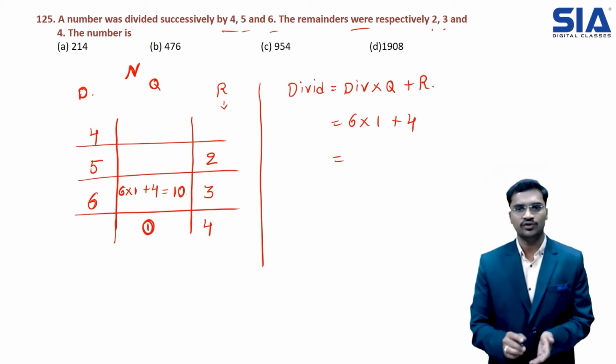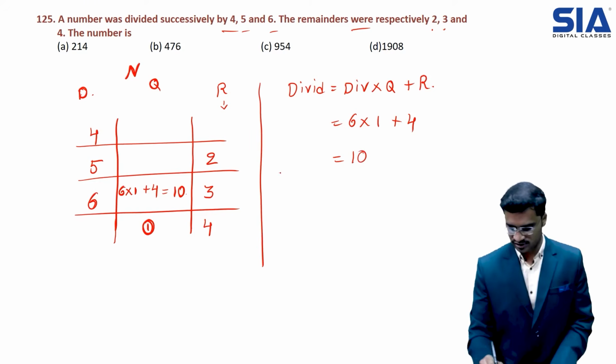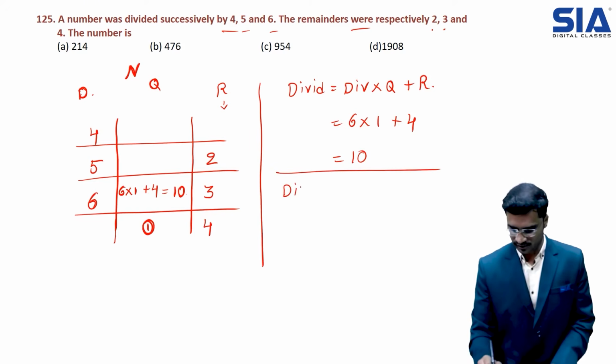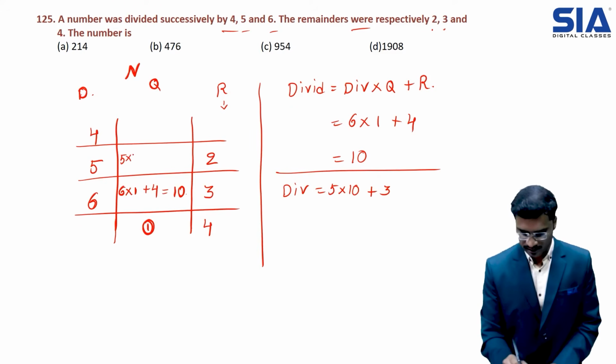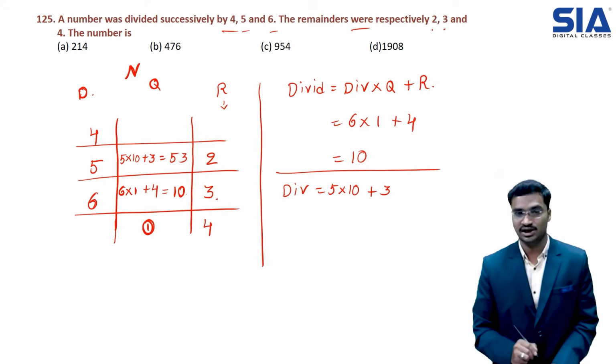Now what we have to do is follow the same process. The next dividend will be 5 into 10 plus 3, which is 50 plus 3, 53, because 3 is the remainder here.